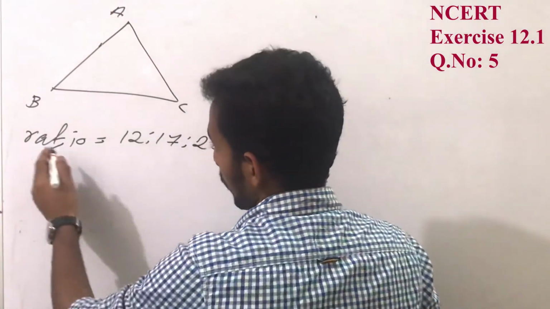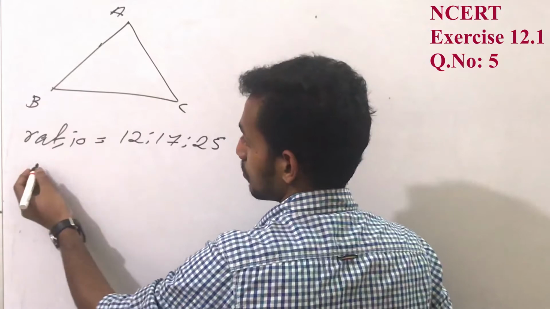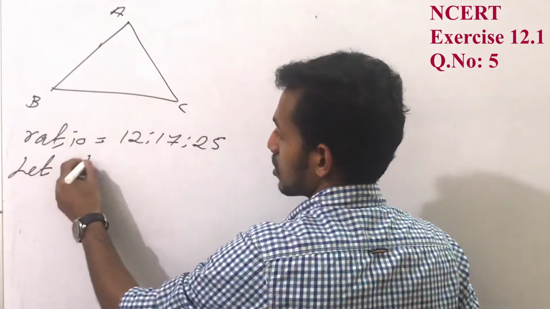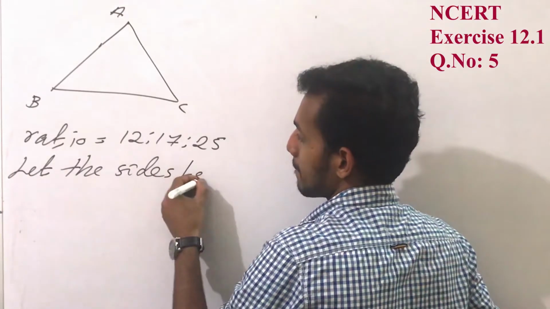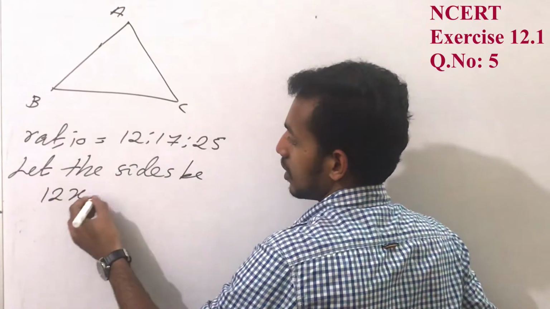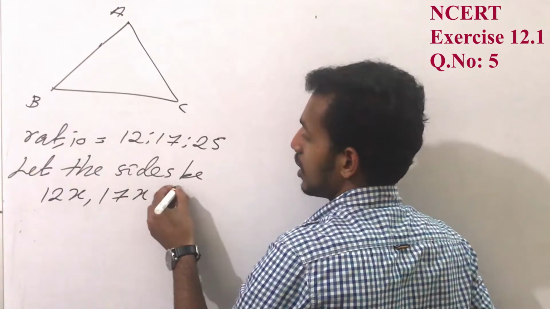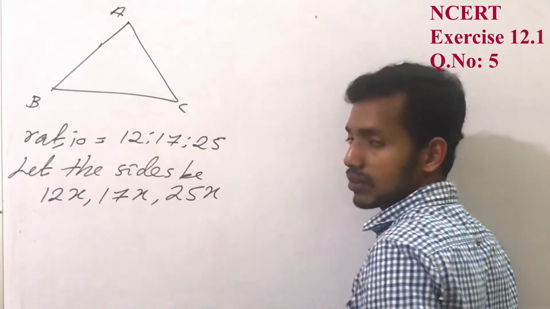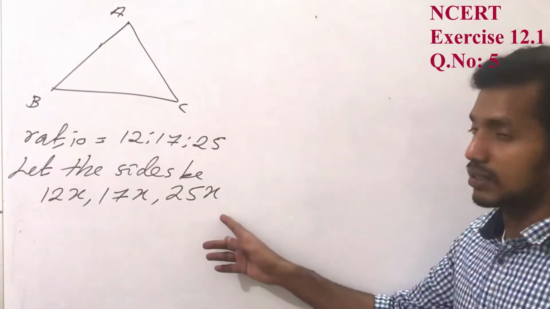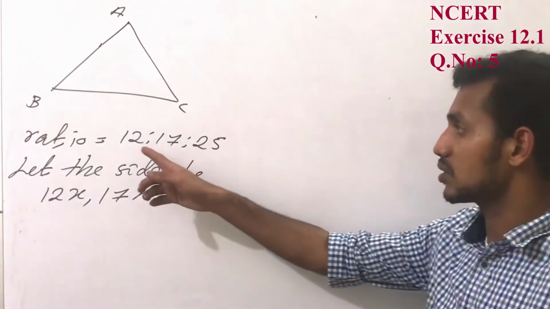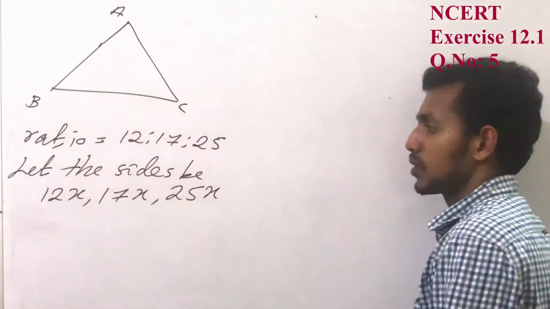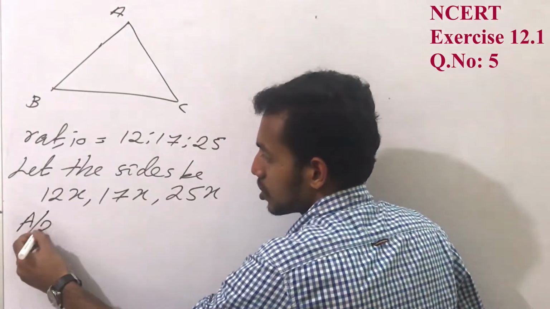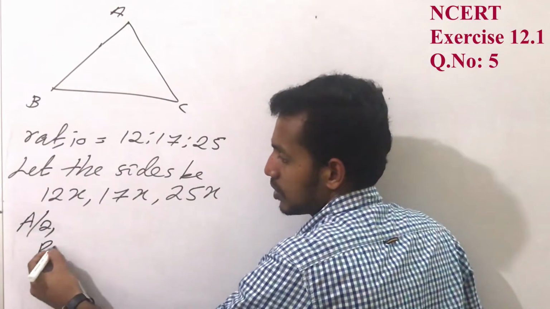Therefore, we can find the sides. Let the sides be 12x, 17x and 25x. We are multiplying with a constant. I have already learned that if the ratio is given, if we multiply with a constant, that will be the quantity.